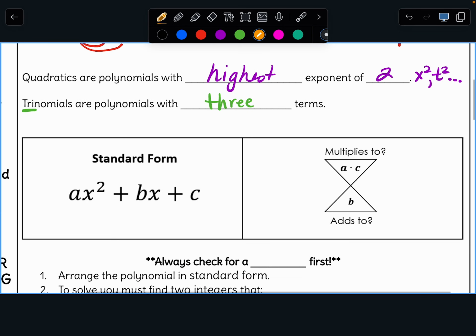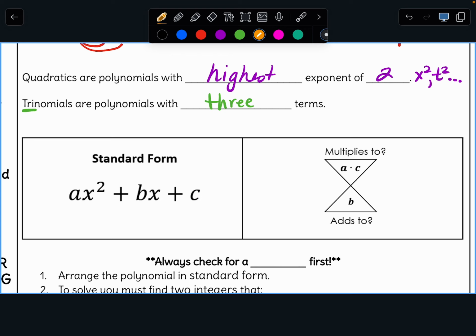Last year, you spent a lot of time writing equations and expressions into standard form. We just want to be consistent. And so we do it in decreasing order, where we do x squared and then x and then the constant with no variable. And we just put it in that order so that we're all working the same way as we file through this.